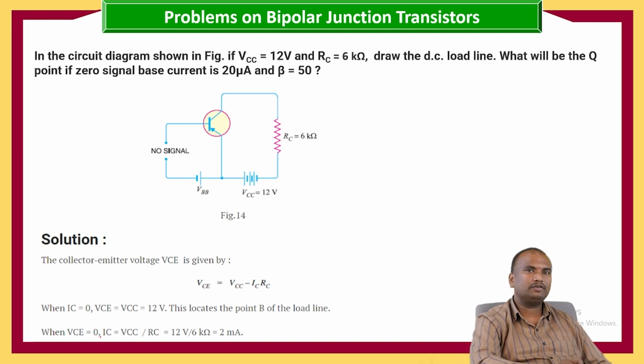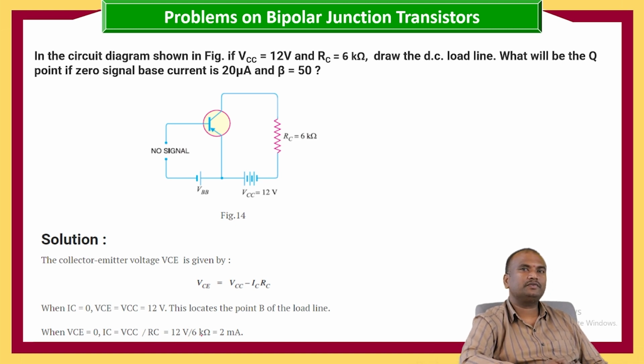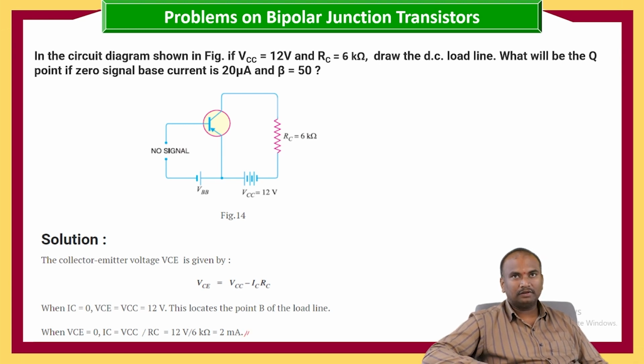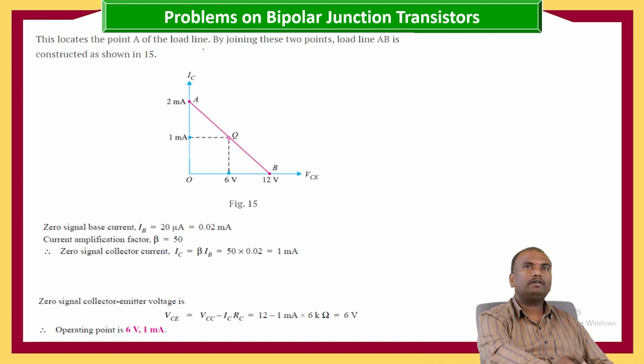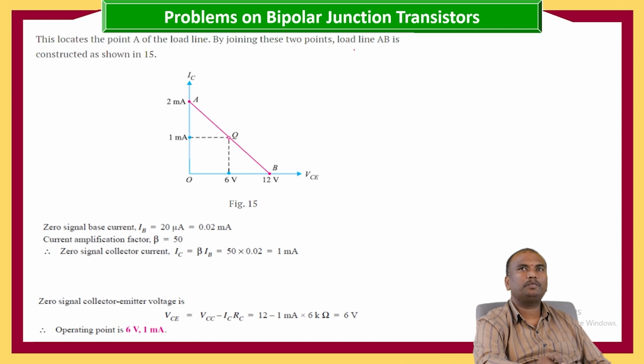When VCE is equal to 0, IC is equal to VCC by RC, that is 12 by 6 kilo ohms, that is equal to 2 milliamperes. This locates the point A of the load line. By joining these 2 points, load line AB is constructed, that is 12 volts and 2 milliamperes.